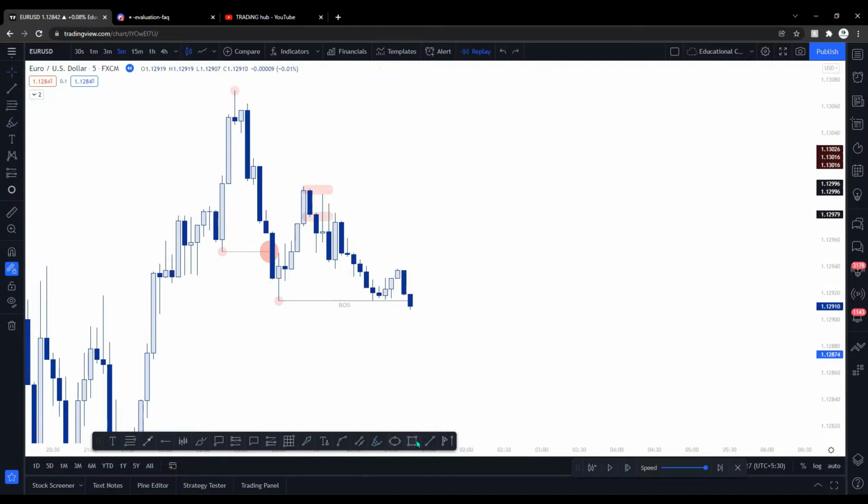So this one is valid for me. You take the body size to get the range of the area. Right, okay, great.